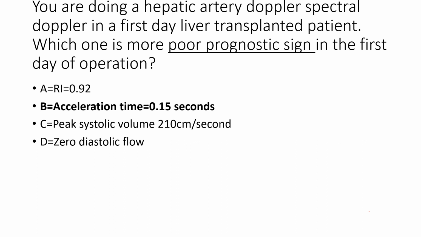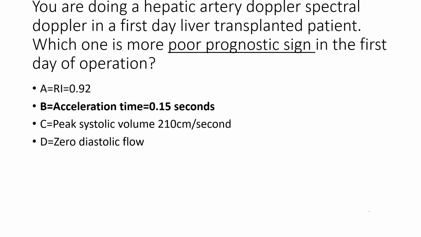Correct: acceleration time of 0.15. Why? Because it is a very prolonged acceleration time. Normal is 0.08 or 80 milliseconds. So it is prolonged. It shows a tardus parvus and shows a real stenosis.